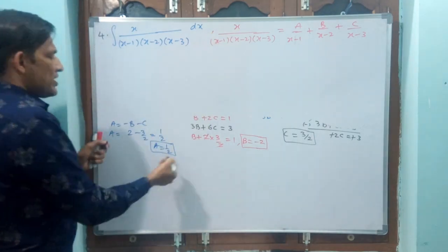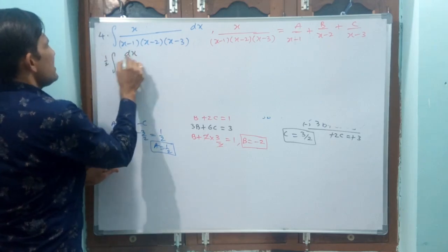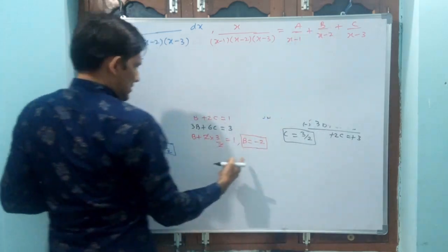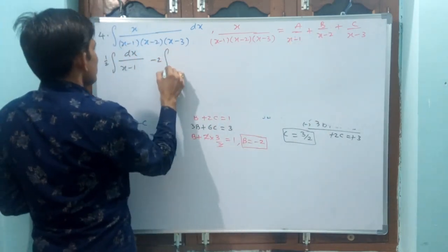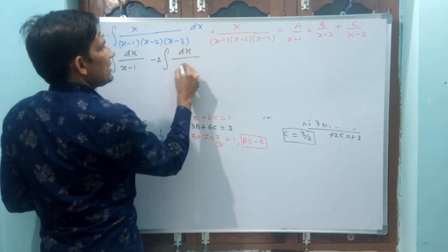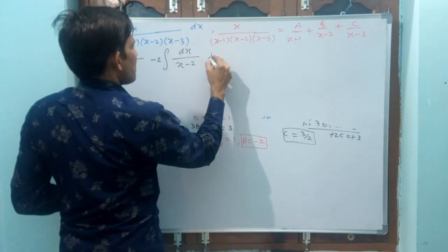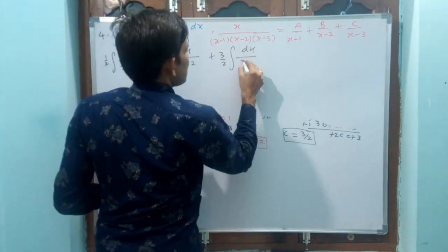Okay, see what I am writing. A is 1 by 2, then 1 by 2 integral dx by x minus 1. B is minus 2. Don't write plus, minus is there. Minus 2 integral dx by x minus 2. C is plus only. Then you write plus 3 by 2 integral dx by x minus 3.